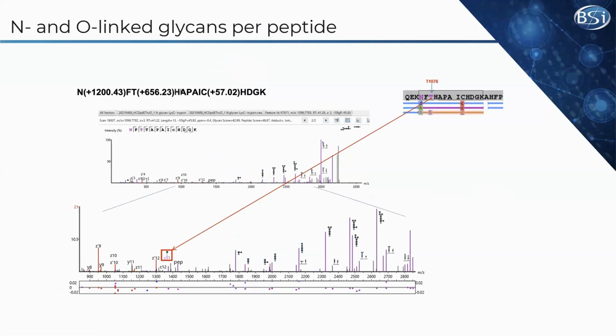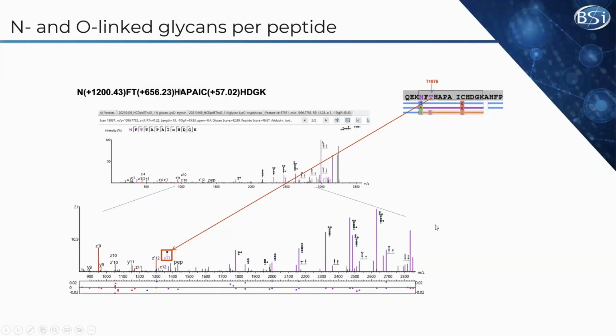And so what's new in the field of glycoproteomics and in analyzing glycoproteomic data is the fact that we're able to identify both an N-link glycan and an O-link glycan within the same peptide. And so here we're showing a peptide where we have an N-link glycan at the very end terminus, as well as an O-link glycan at position 3.